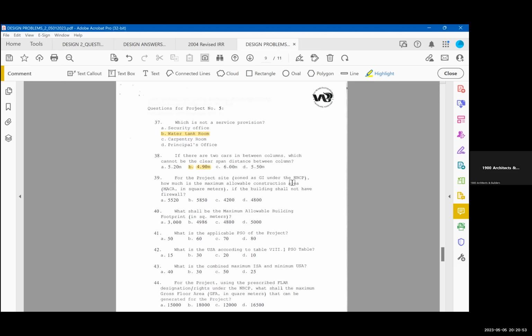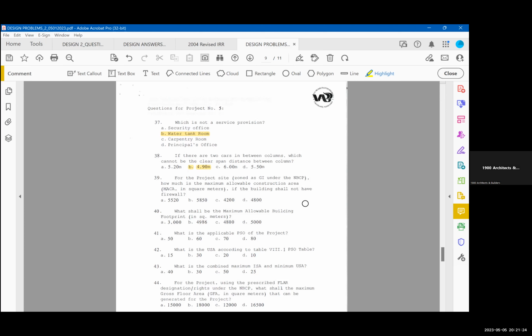Number 39, for the project site zoned as GI under the NBCP, how much is the maximum allowable construction area for MACA in square meters if the building shall not have a firewall? Okay, so let's go back to table 8.1.